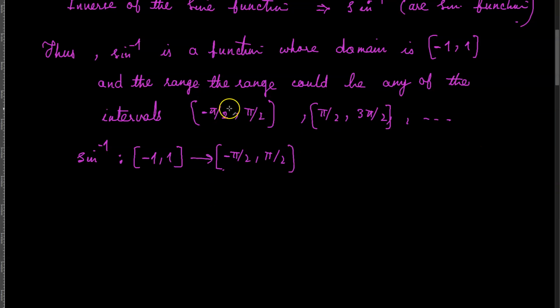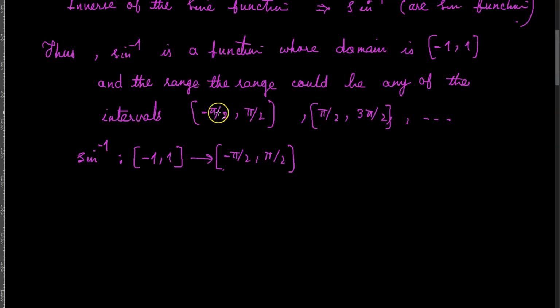Of course it's possible to do whatever it is that you want to do, meaning that you can take the range of the function as π/2 to 3π/2. In that case, the function would be one-to-one as well.